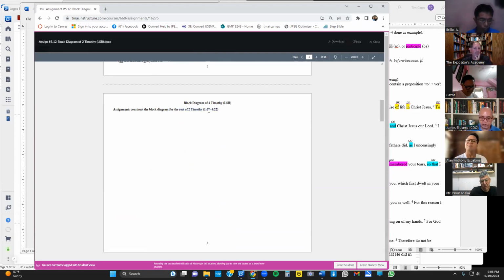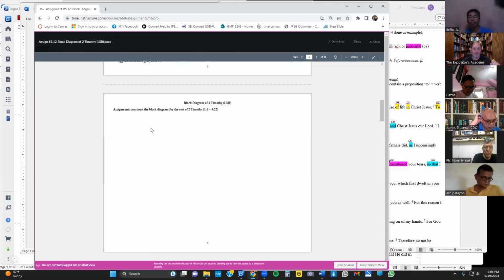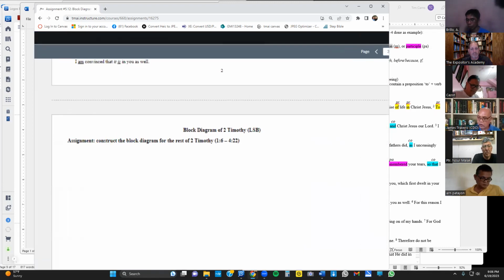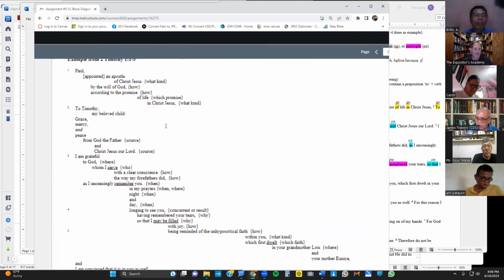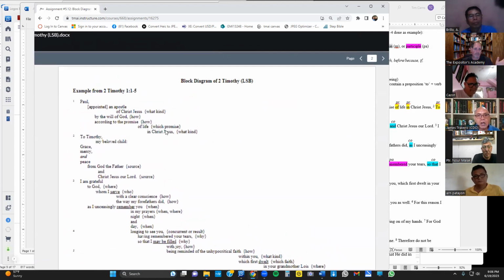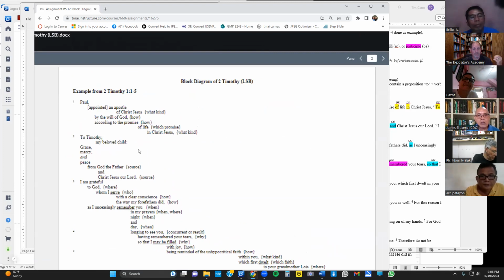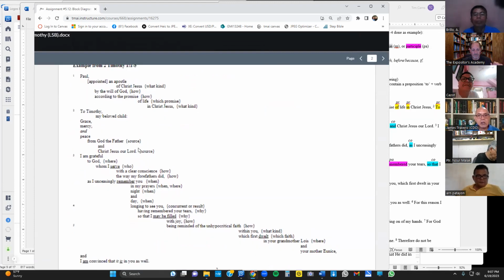You don't have to show me all the steps. All you have to show me for the diagram assignment is just the diagram, like I show you here, okay? You don't have to show me all the other steps because you're already doing one of the steps in the other assignment, 5.11. You're doing the connector words. So for this assignment, I just want to see your final diagram.